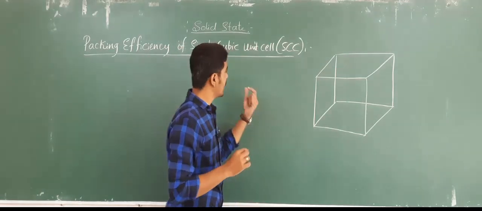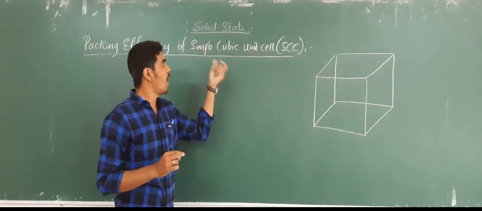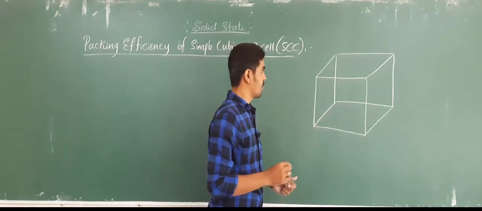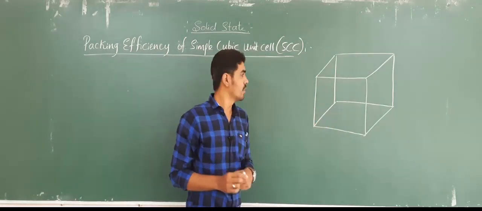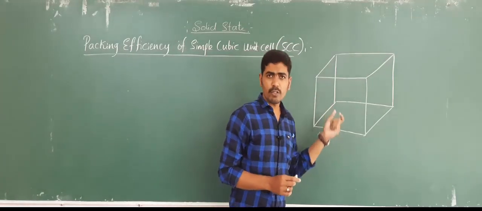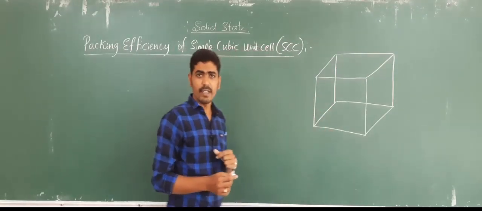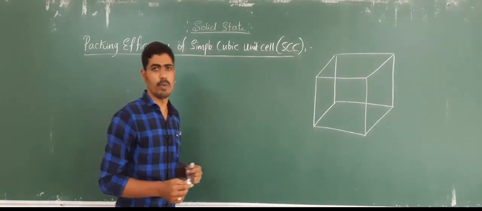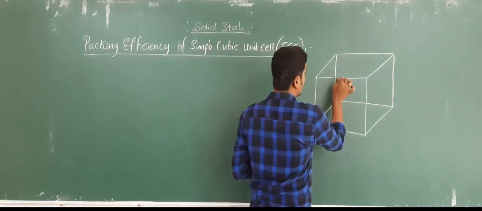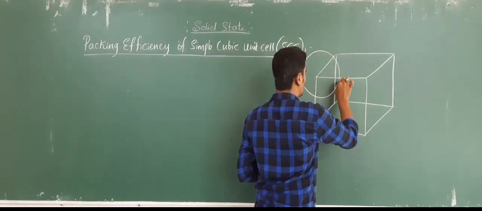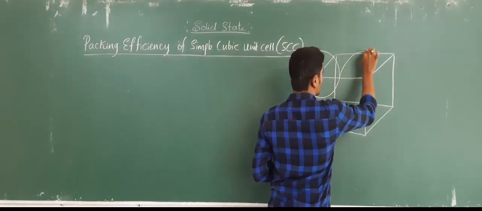So when they say primitive unit cell or simple cubic unit cell, you should draw this structure. And you know that in a simple or primitive cubic unit cell, the particles are present only at the corners of the cube. Therefore, I will draw the particles.